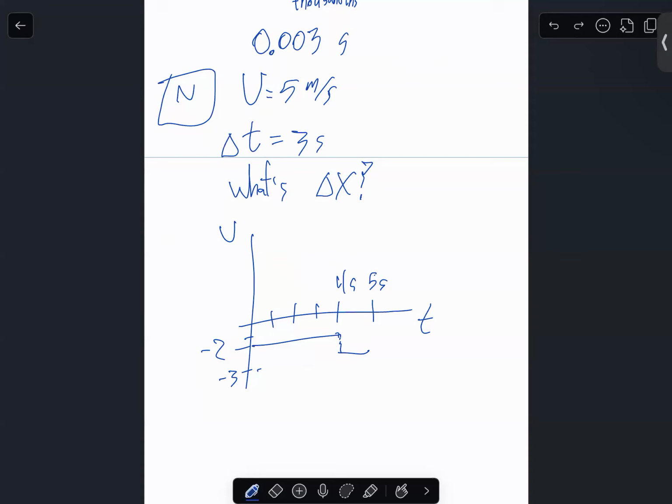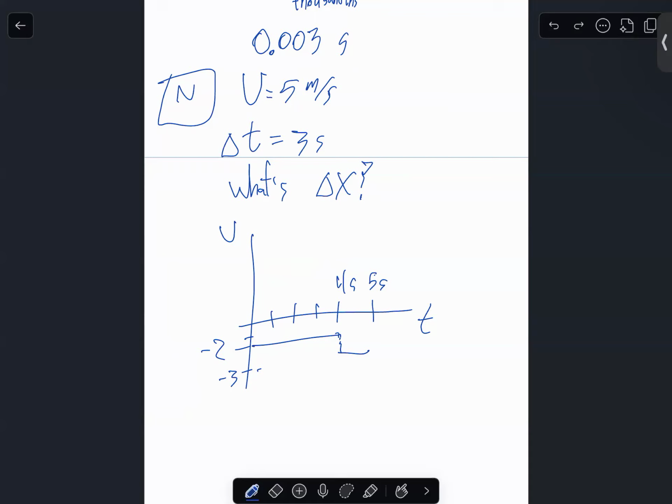Don't work it out. Okay, let's reason about this. 4 seconds. Each second, I move at 2 meters per second.